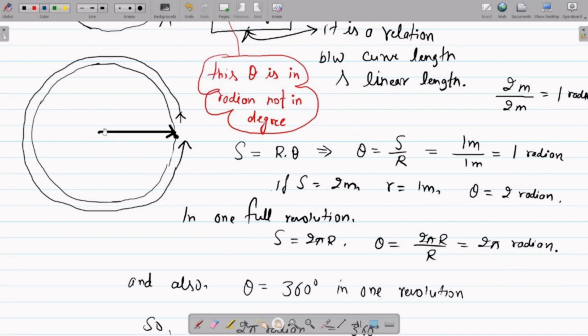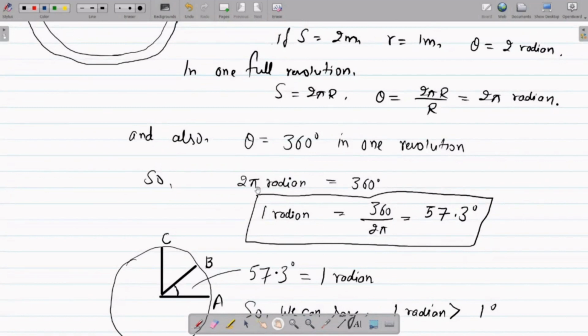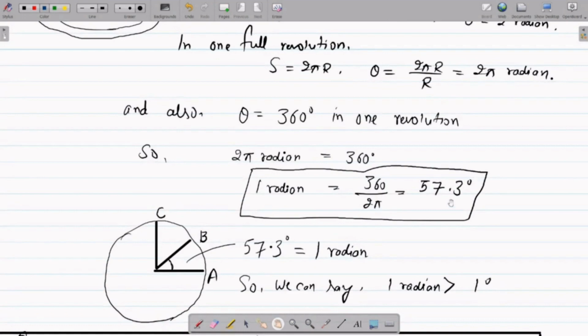If I talk about this angle in terms of degree, then theta is equal to 360 degree for 1 revolution. So these two must be equal to each other. Here I can equate 2 pi radian equal to 360 degree. From here you can say 1 radian comes out to be 57.3 degree. And of course 1 radian is greater than 1 degree, right?